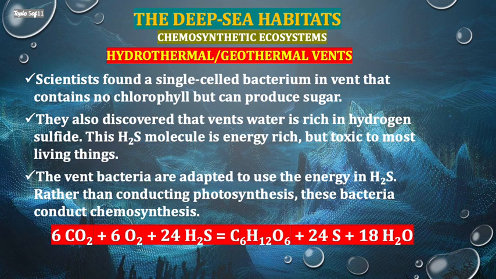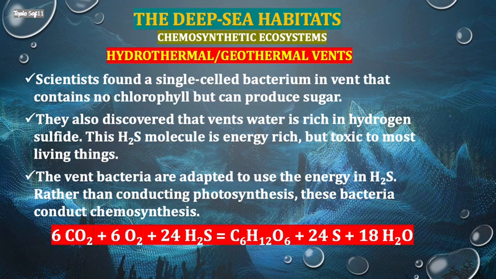So rather than doing photosynthesis, because obviously there is no sunlight in there, the bacteria conduct chemosynthesis instead. So the process of chemosynthesis involves the utilization of 6 carbon dioxide plus 6 dissolved oxygen from the water and 24 hydrogen sulfide molecules.